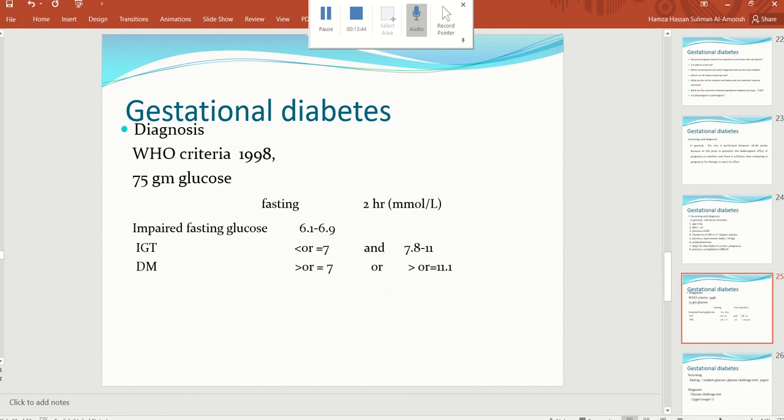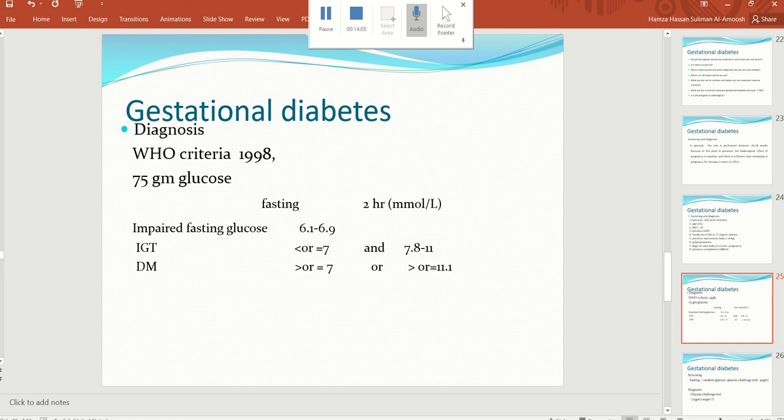The way we screen is by 75-gram glucose tolerance test, and we do this, as we said, between 24 and 28 weeks. If the fasting is between 6.1 and 6.9, this is impaired fasting glucose.